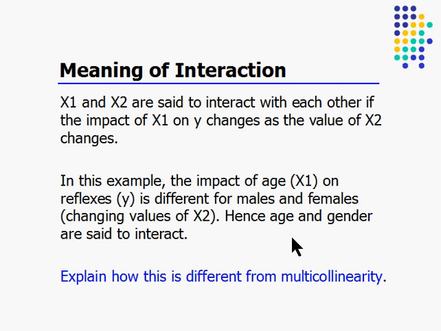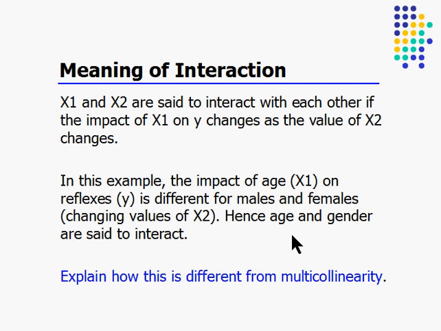So the way we interpret the meaning of the x1 and x2, they interact with each other if the impact of x1 on the y changes as the value of x2 changes. So that means that the slope essentially is changing as well based on the age.